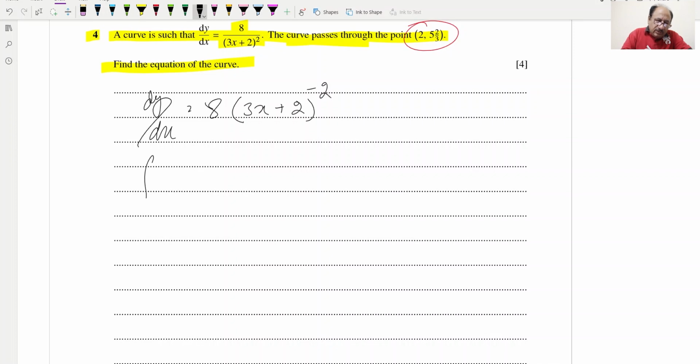So integral dy over dx, and this will be equal to, we can write like this: integral dy is equal to 8 into 3x plus 2 raised to minus 2, dx.